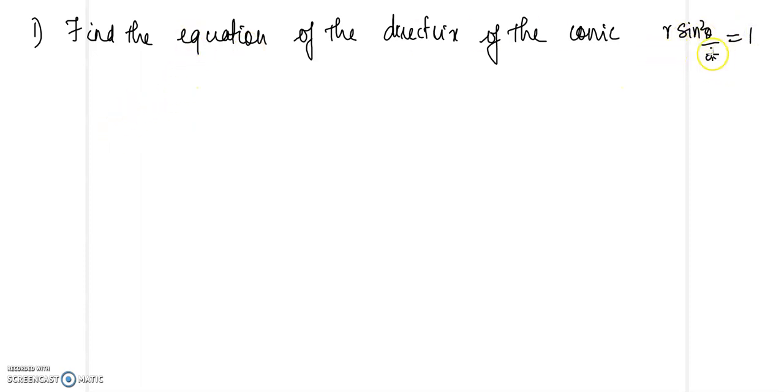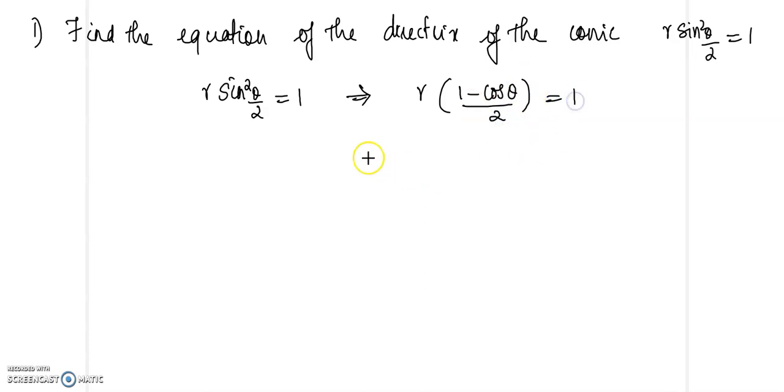So as we have seen in the last class, r sin square theta by 2 equal to 1 represents a parabola. It can be put in the form r into 1 minus cos theta by 2 equal to 1.